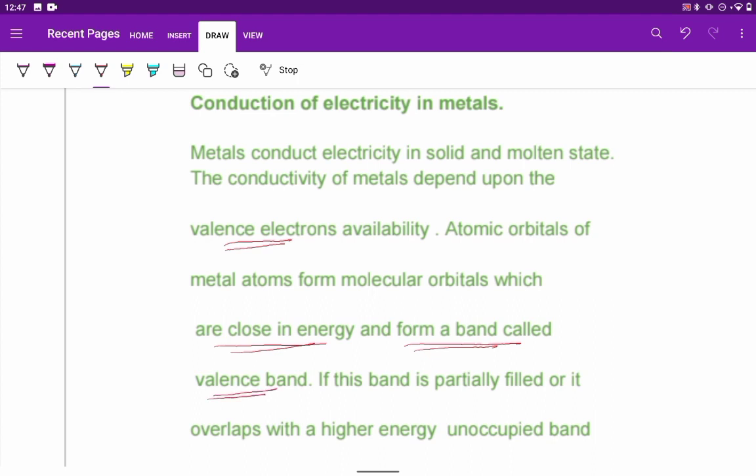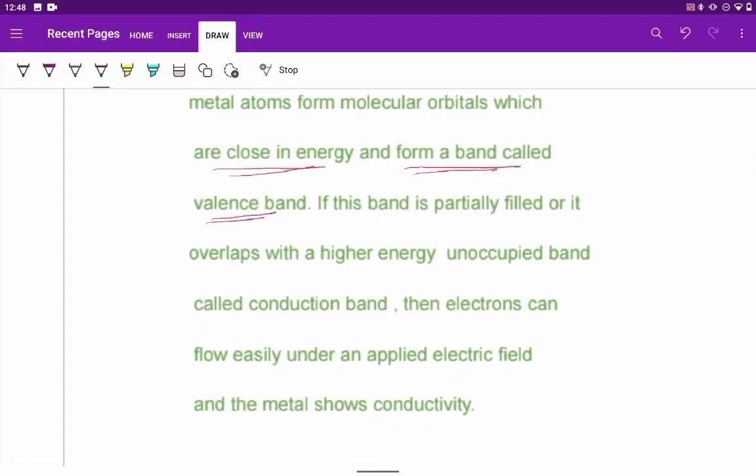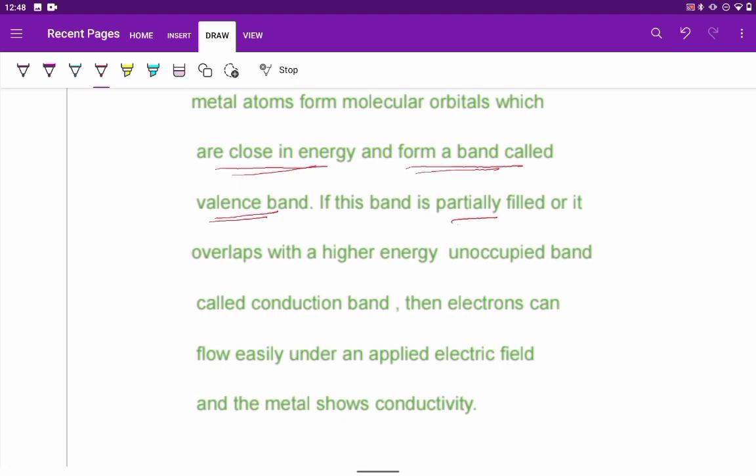So here what is happening? All the atomic orbitals of the metals form the molecular orbitals, and when they are close in energy, they form a band. We call this band as the valence band. It is possible that the band is partially filled, that is one situation, or it may overlap with the unoccupied band. This unoccupied band is of higher energy and it is called as the conduction band.